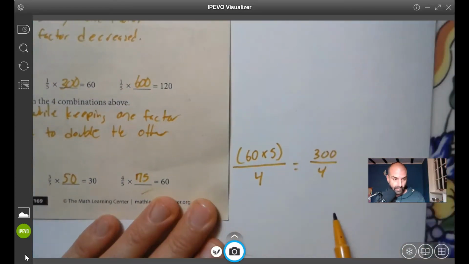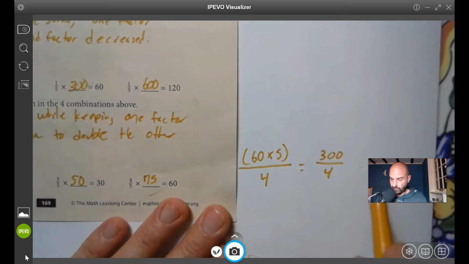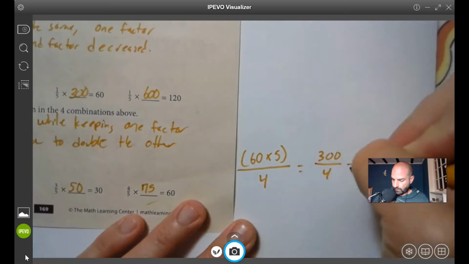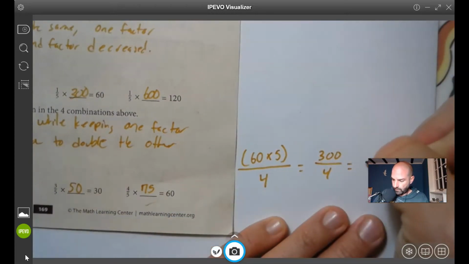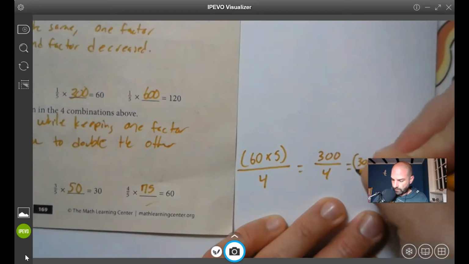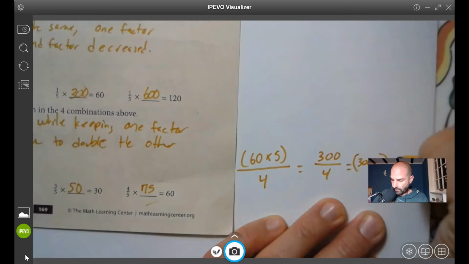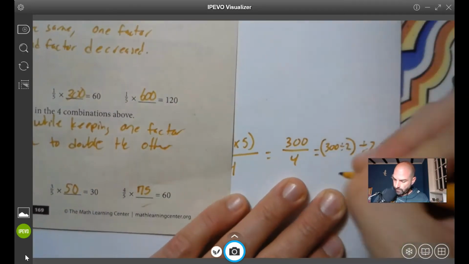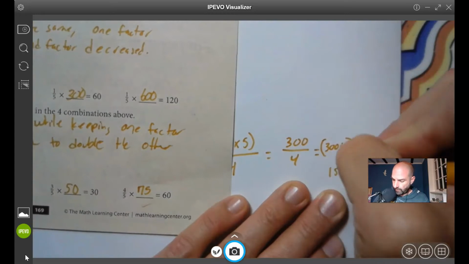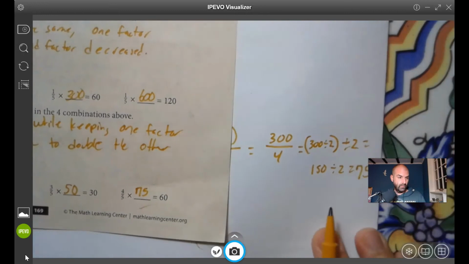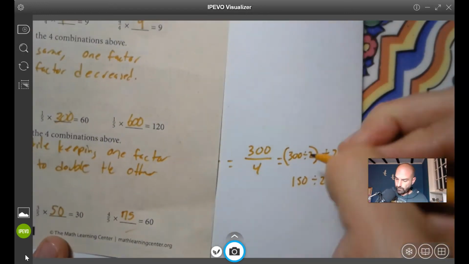And I know one way to divide by 4 is you divide the number twice by 2. So I did 300 divided by 2, and then I was going to divide that by 2, which is the same thing as saying 150 divided by 2, which gave me 75. Oops. There. All right.